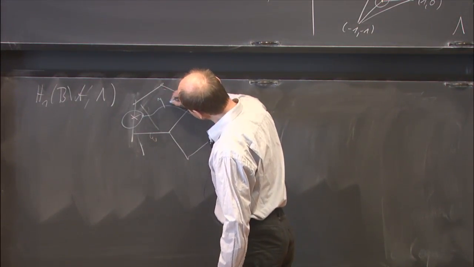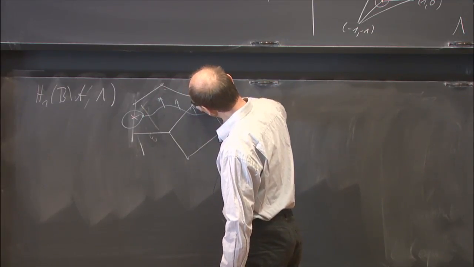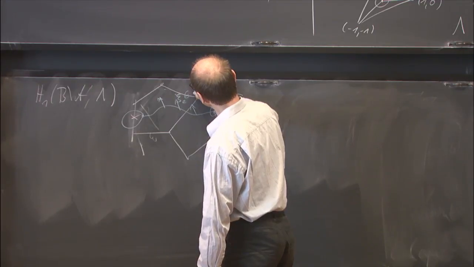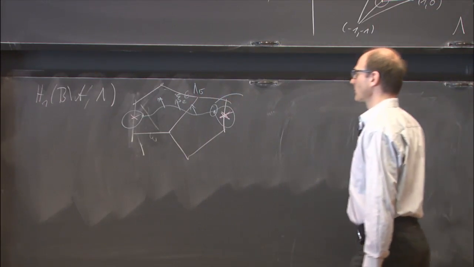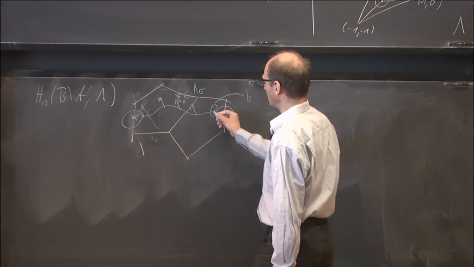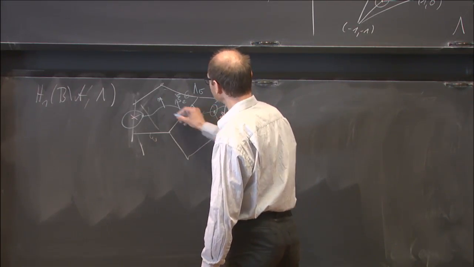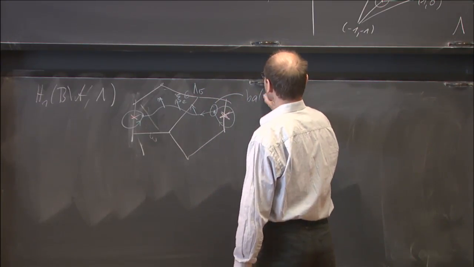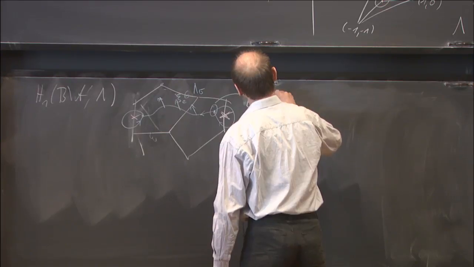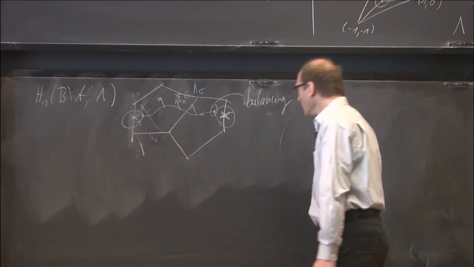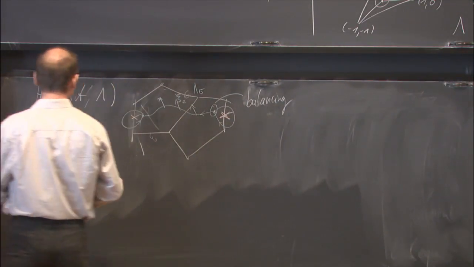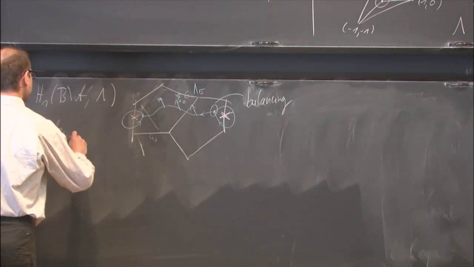But it carries an integral tangent vector psi e, which lives in lambda sigma. And at the vertices you have some balancing. There's also some orientation, of course; you have to orient the thing. Then you get a balancing condition. This is what I denote H1 of B minus A with values in lambda, and we get these tropical cycles.